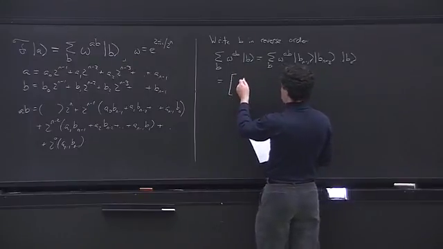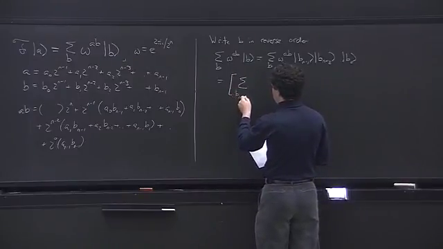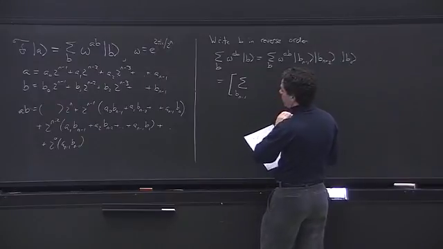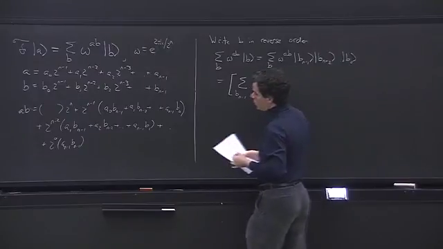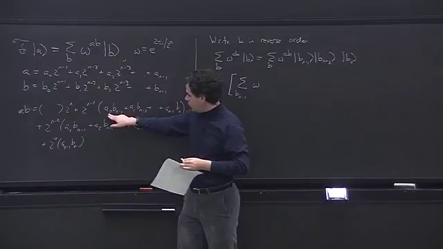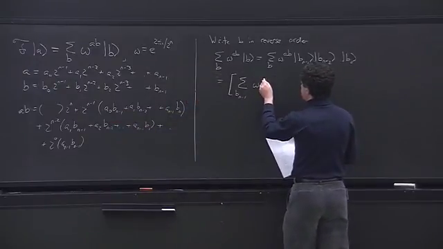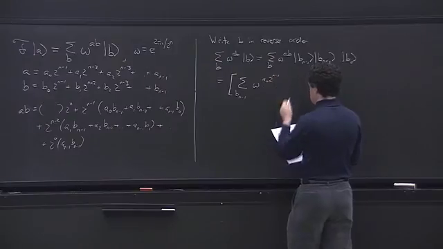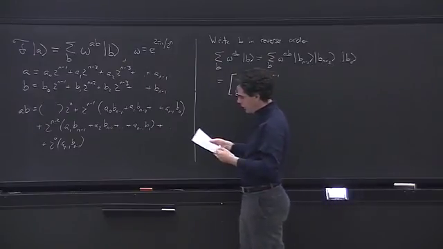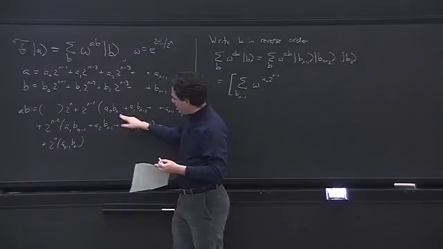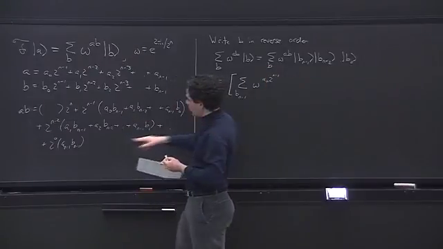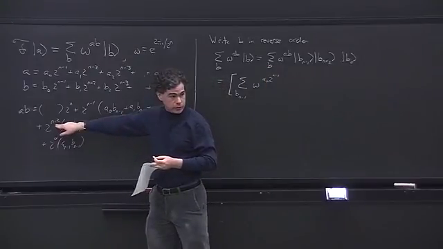Well, let me sum over B n minus 1. So I can separate that out and sum. And I have omega. So what are the B n minus 1 terms? Well, here we have A0 2 to the n minus 1, and B n minus 1, so we have A1 2 to the n minus 2.